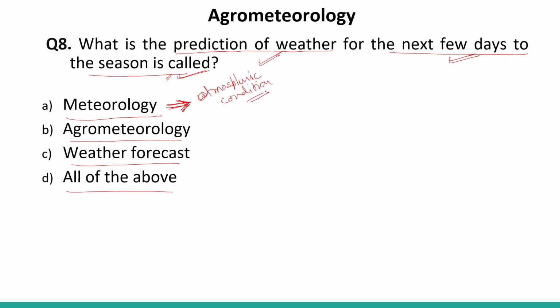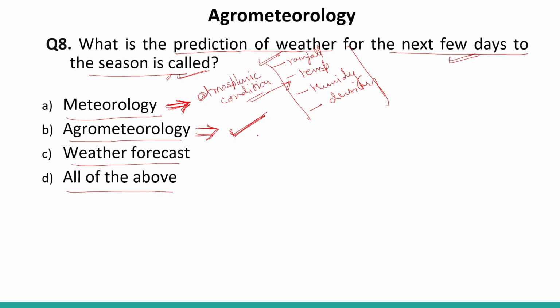We have data like rainfall, temperature, humidity, density. These are some of the atmospheric conditions we record, and that is called meteorology. Now, if these atmospheric conditions are required for agricultural growth, then it is called agrometeorology.